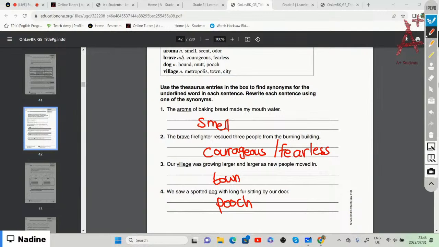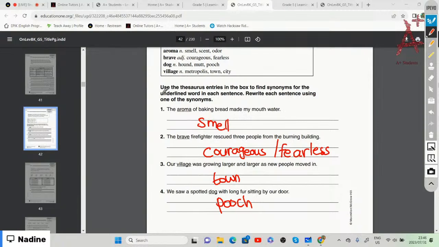A pooch, a mutt, or a hound is a word that is similar to dog. So that is basically four different sets of words similar in meaning to aroma, brave, village, and dog. And you'll be able to find lots of synonyms within a thesaurus.